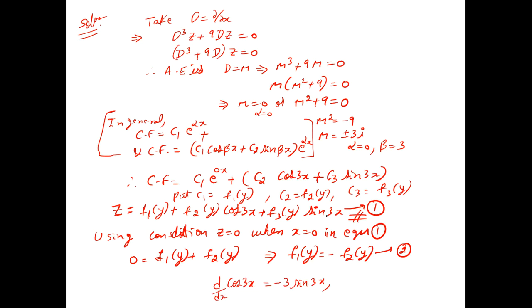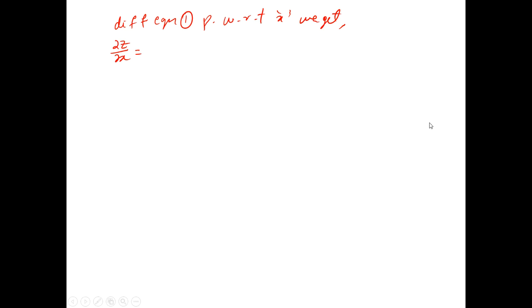Is it clear? Similarly, f3y is constant, take it outside, only differentiate sine 3x, which is equal to 3 cos 3x. These two values I am going to substitute. Please note down this formula, friends, very very important.